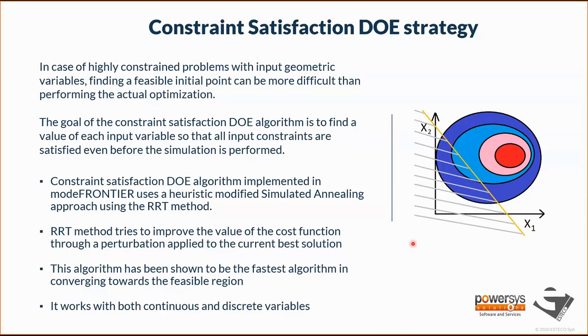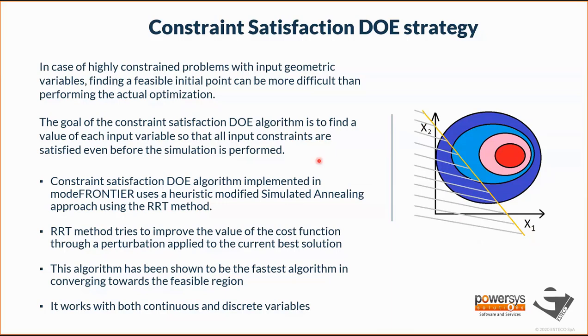When you have a lot of these constraints, which is true in our case study here, it becomes very difficult to find even a feasible design point for the optimization algorithm to start with. So in order to tackle that, we started with a constraint satisfaction DOE strategy that helps seed the optimization run with feasible starting points.